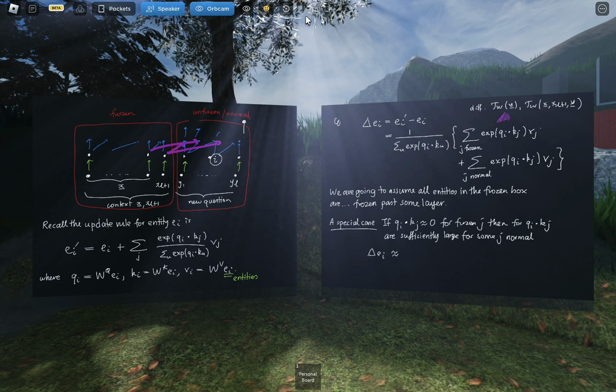Well, then those first sum ends will just drop out. So you'll get approximately the sum over j not frozen. So it'll just look like the attention as though the context isn't there.